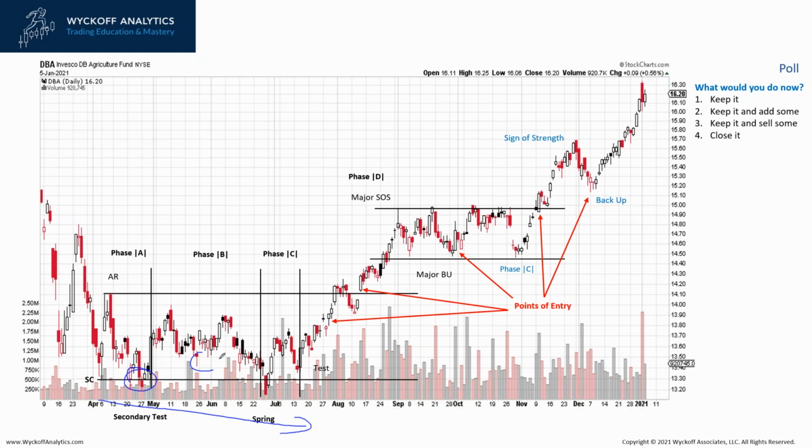We're seeing multiple tests. We also see the last test in the form of the spring, with the local test that is testing that particular spring. We also see in the formation that the volume signature is increasing, suggesting that institutional participation is increasing. With that stopping action and lower volatility, the bias is to the upside.